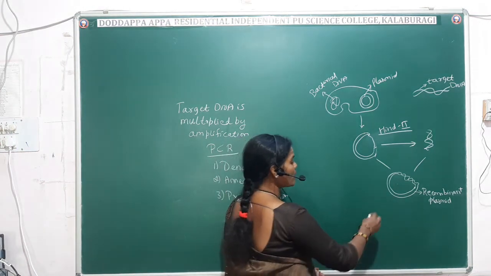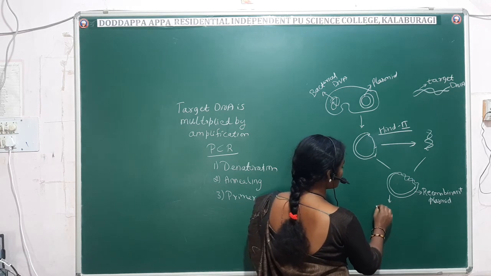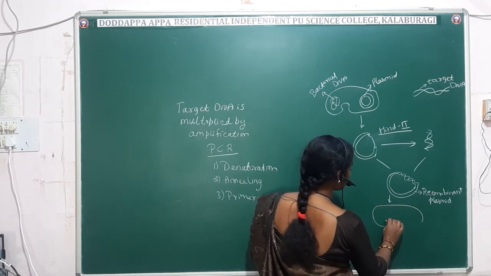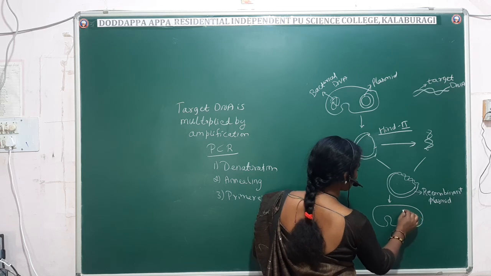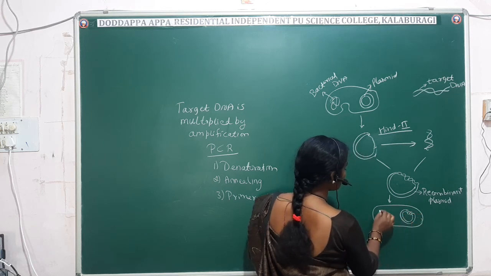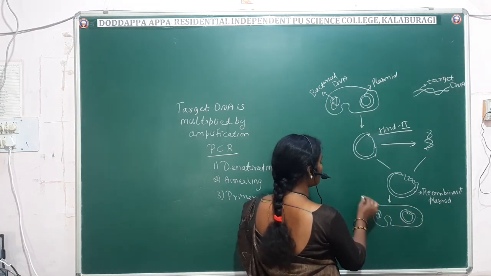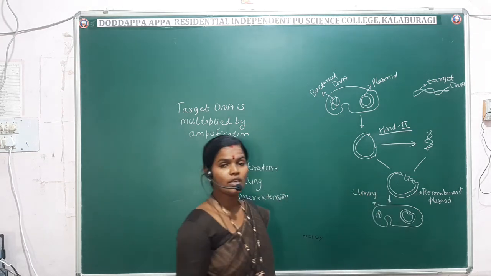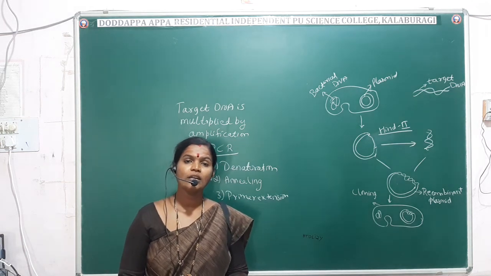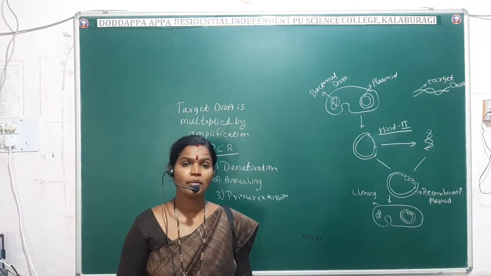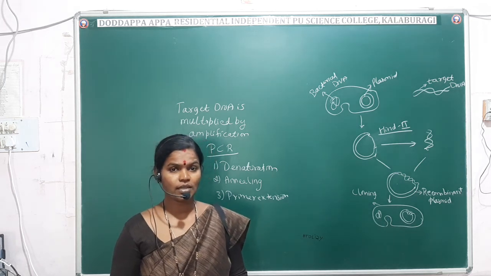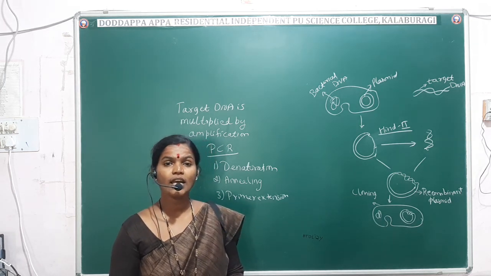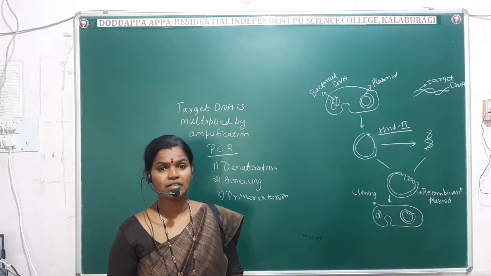Now this recombinant plasmid is inserted once again into the bacterial cell for cloning. What is the meaning of cloning? Cloning means the process where the target DNA is multiplied by using the bacterial cell, and it is genetically and morphologically similar to the parental cell.